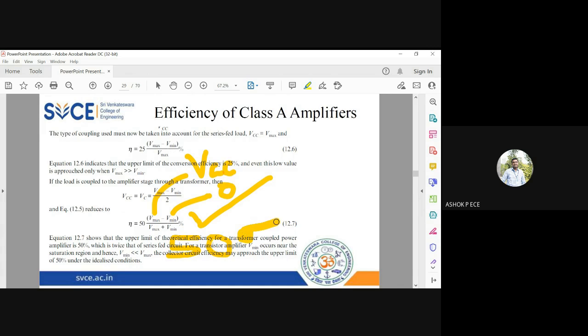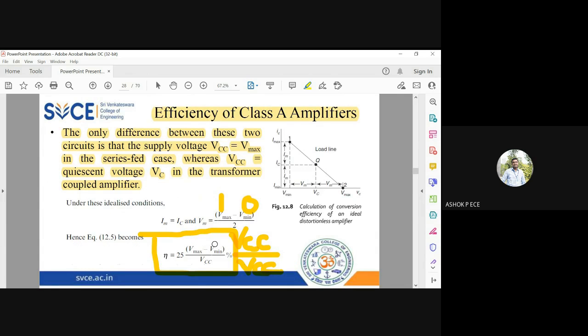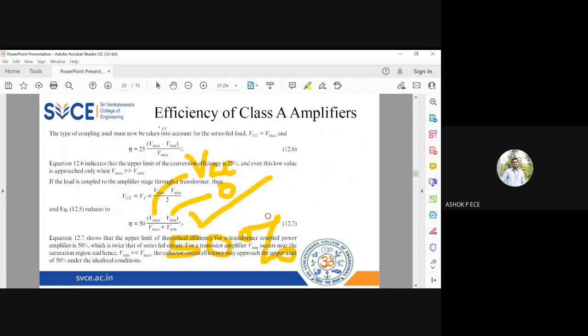So when you use a transformer coupled amplifier, the efficiency is 50%. When you use a normal, direct fed, resistance fed amplifier, the efficiency is 25%. These are the conditions we have for class A amplifier. The efficiency value is going to be very high if you use a transformer coupling between the output stage and the load resistors.